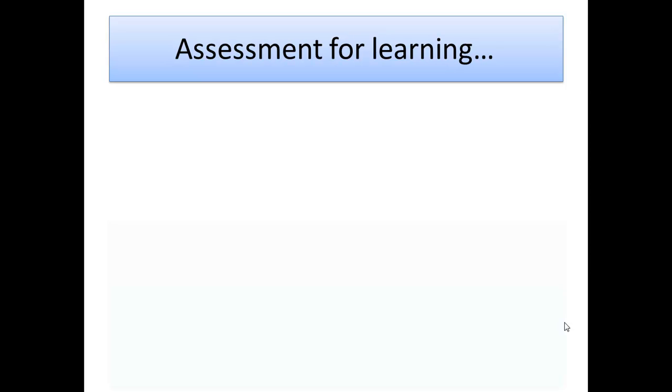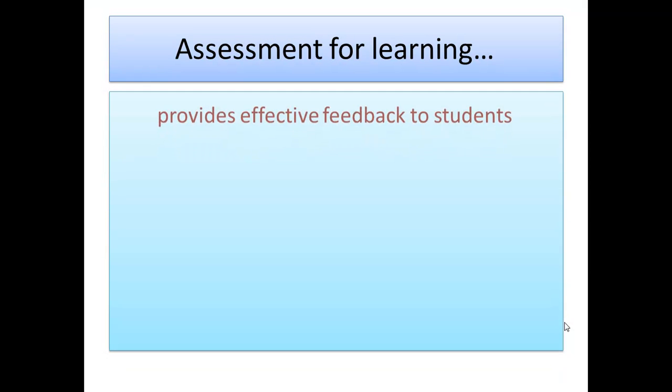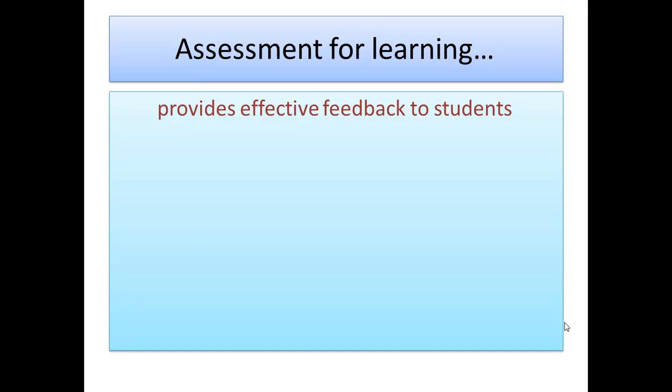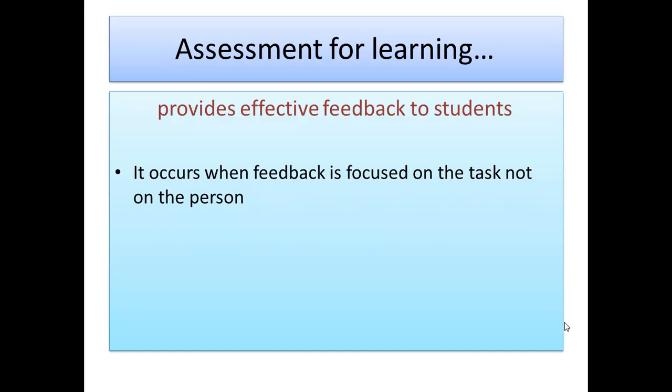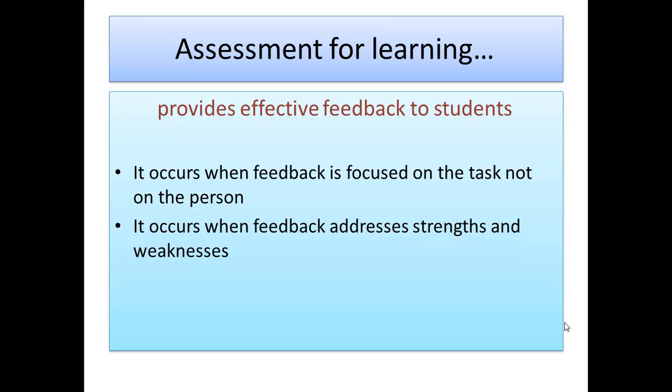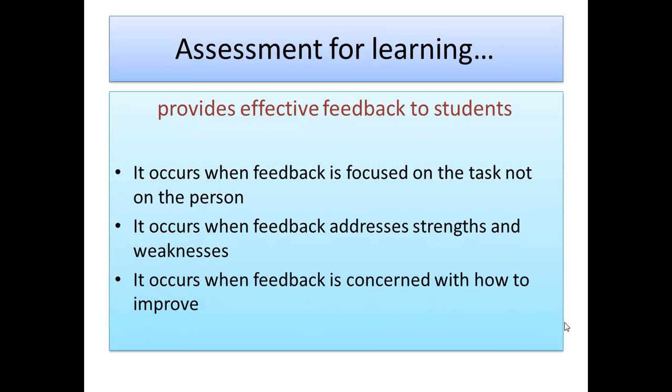Assessment for learning provides effective feedback to students that is focused on the task, not the learner, is clear and constructive about strengths and weaknesses of the work, provides practical advice on how to improve, and uses constructive comments, not marks.